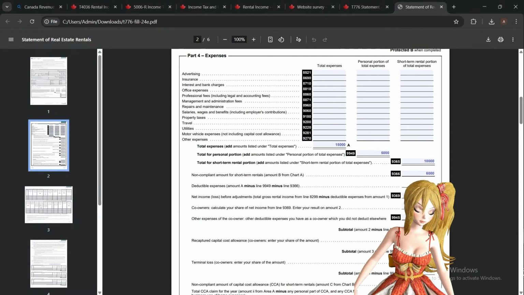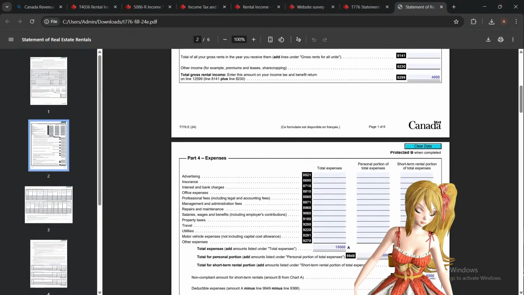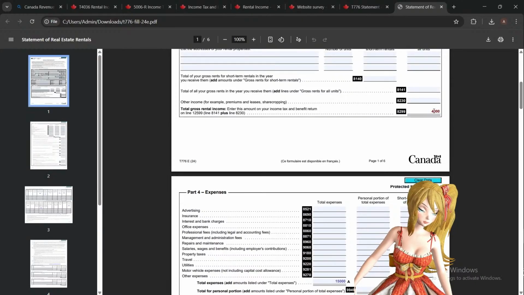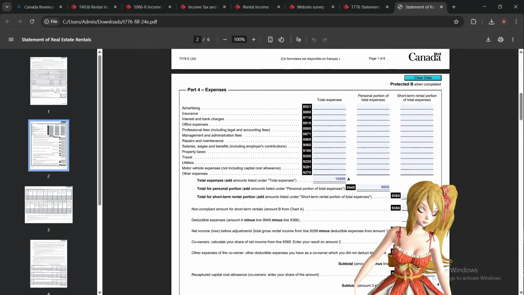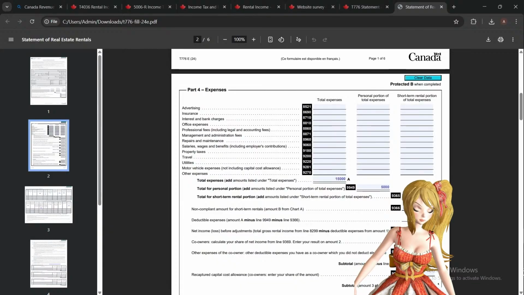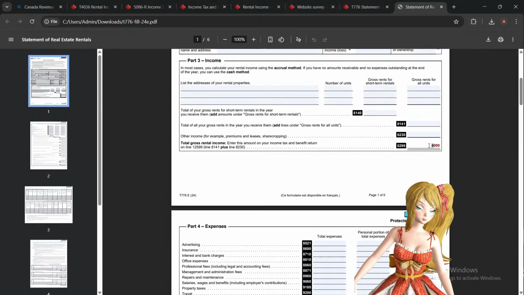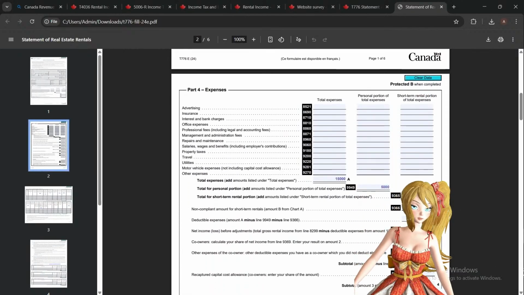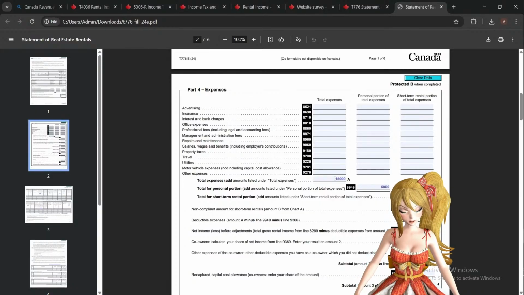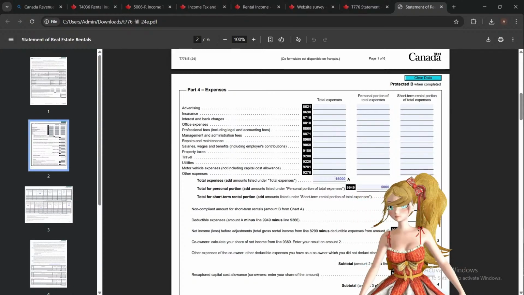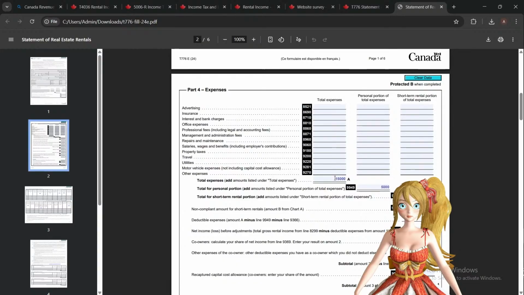Oh, is that because? Wait, but can this 4,000 be bigger than the 6,000? Let's just test. Let's say I earn 6,000. I'm owed 4,000. Then the deductible expenses would be, whoa, it just shot up.